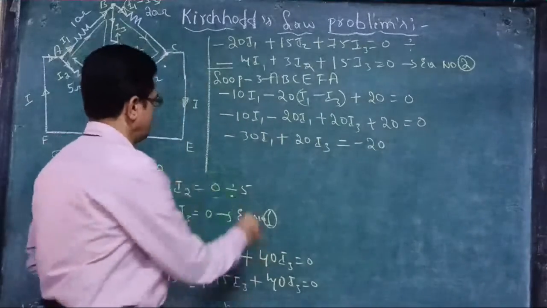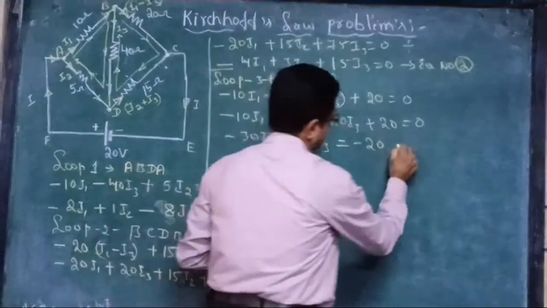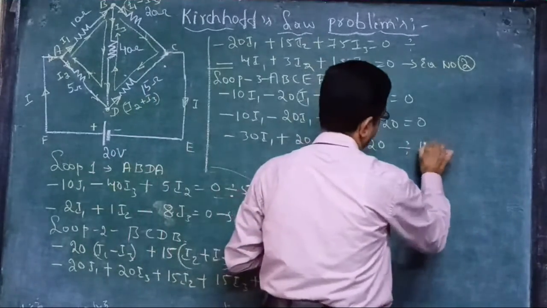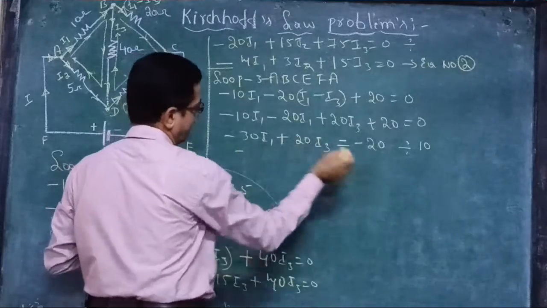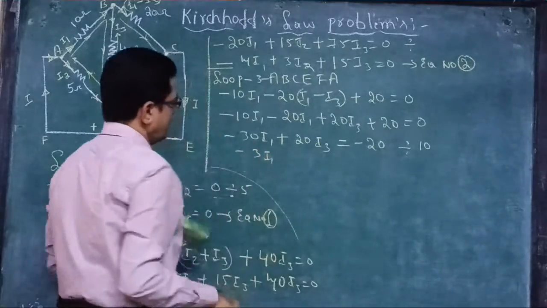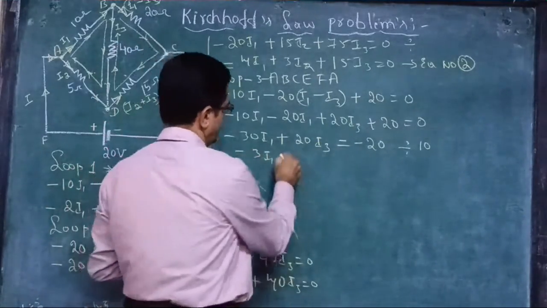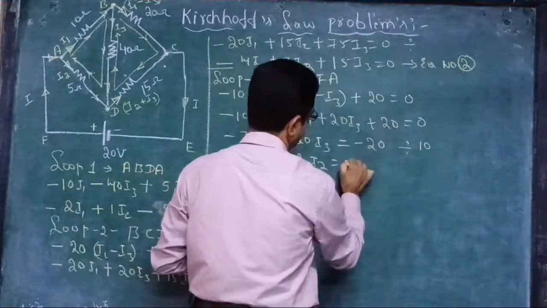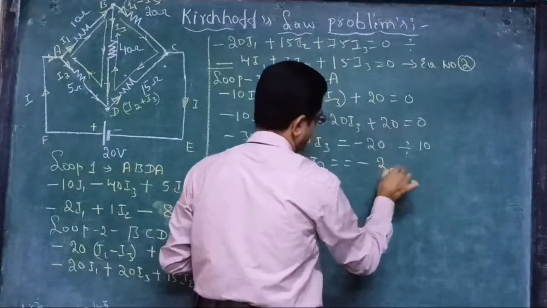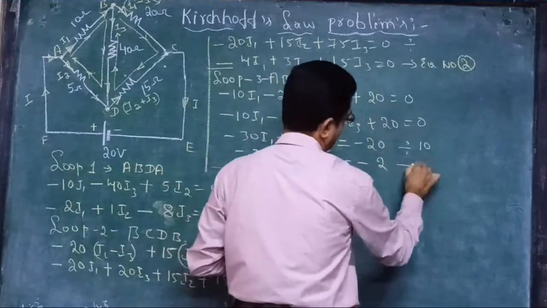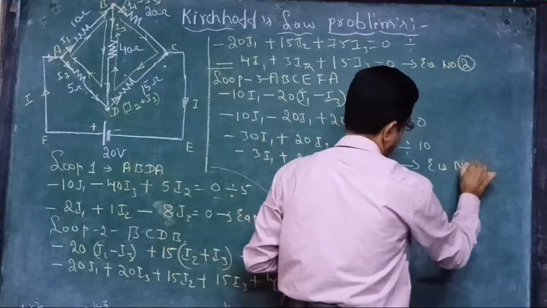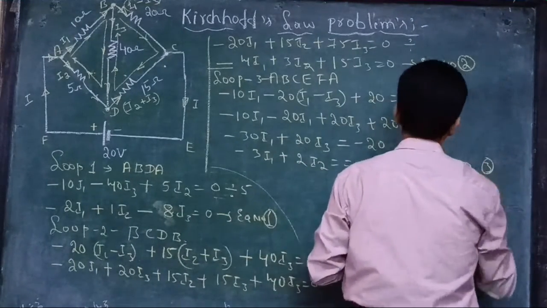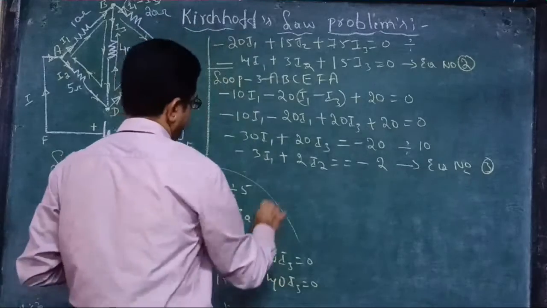Then we can simplify by dividing by 10: minus 3 I1 plus 2 I3 equals minus 2. So this is equation number 3.